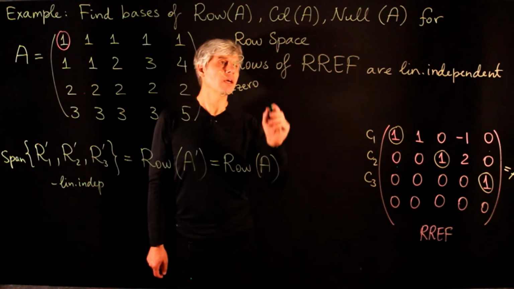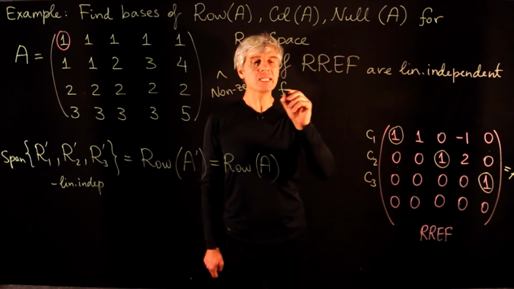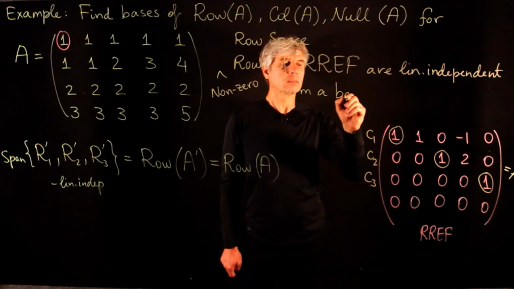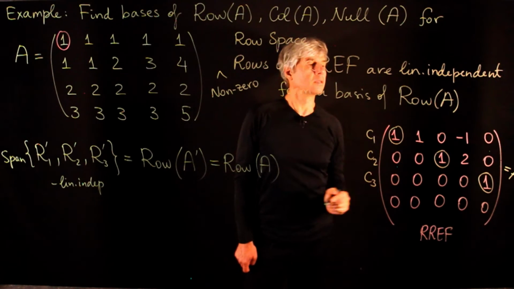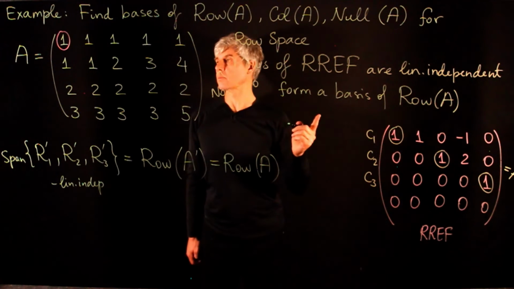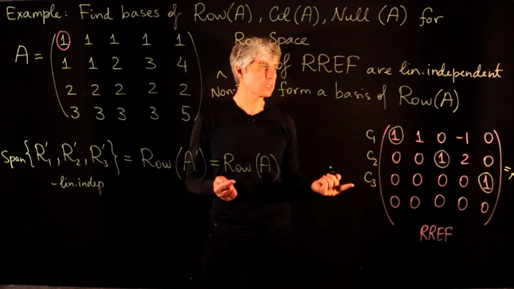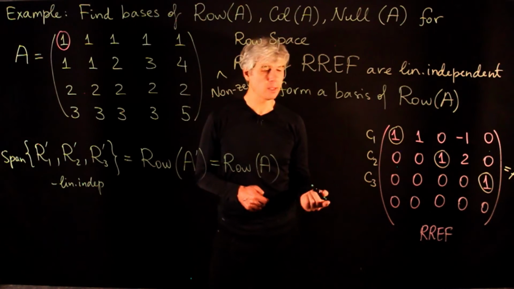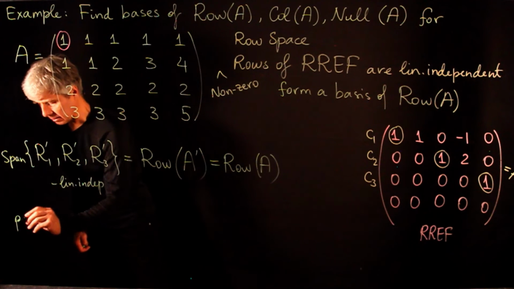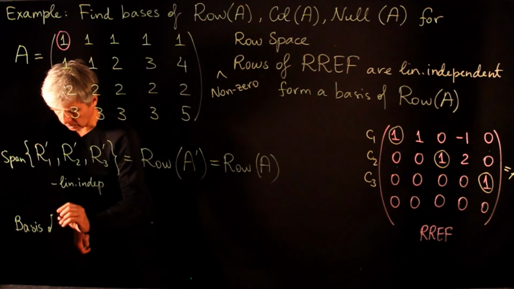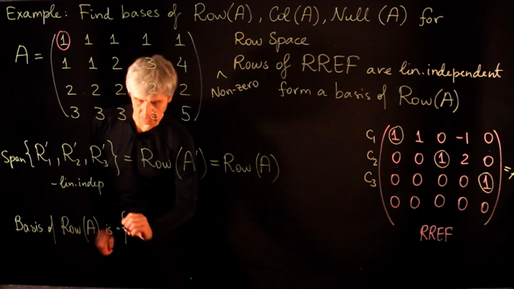And so this means that the non-zero rows of reduced row echelon form are a basis of the row space of A, right? We have a linearly independent set that spans the row space of A, and that's the definition of a basis. So we can write down the basis of the row space of A: the set of three vectors.